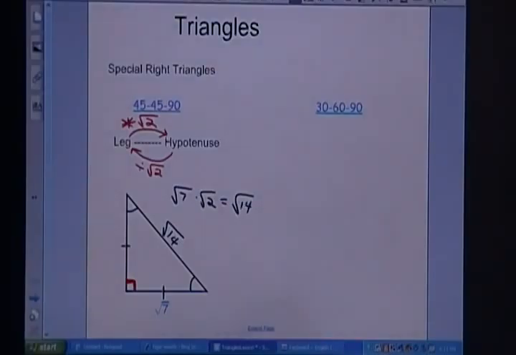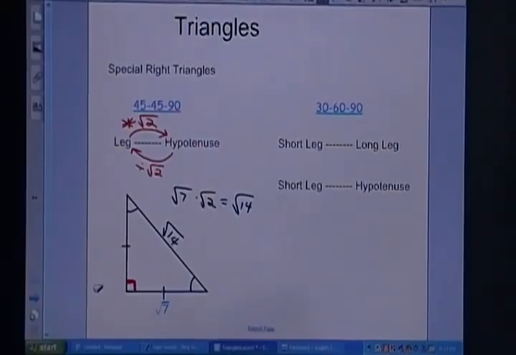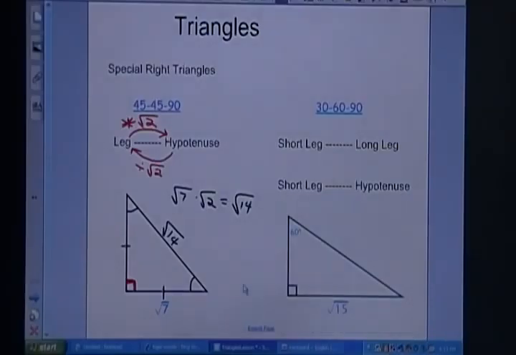Now, 30, 60, 90 triangles. For 30, 60, 90 triangles, we have a couple more rules. In a 30, 60, 90 triangle, we don't have two sides that are congruent. We've got one side that's the hypotenuse, and then we have a longer leg and a shorter leg. And the rules that we use here to go from the short leg, and we'll mark the short leg here with an S, to go from short leg to long leg, which would be that root 15.